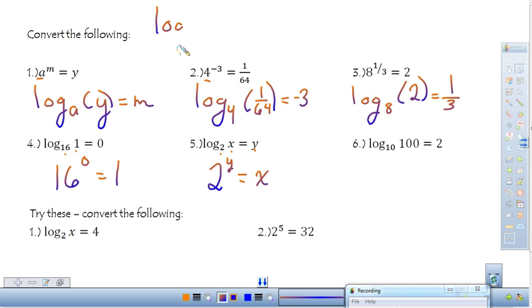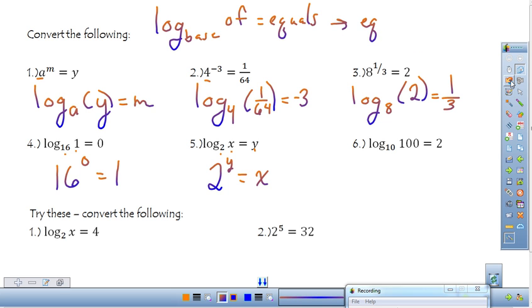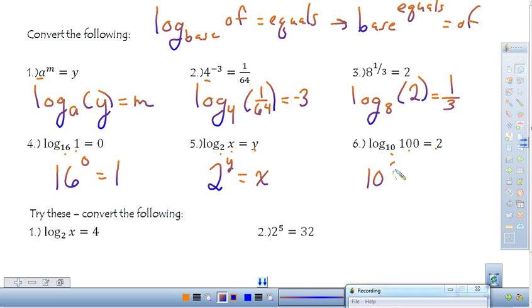If you write at the top of your sheets base equals of, then you can kind of compare and contrast and see where things go. So base equals of 10 squared equals 100, which is true.